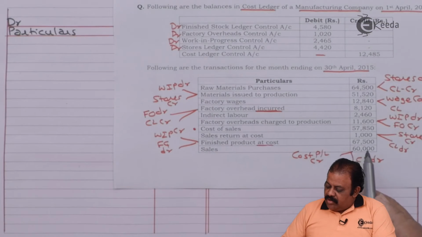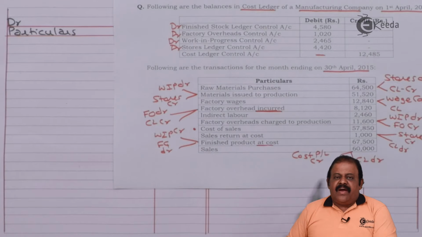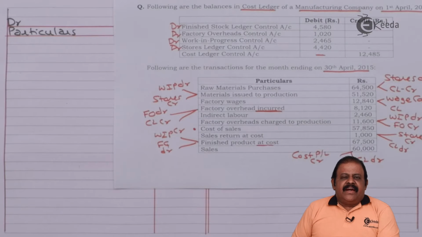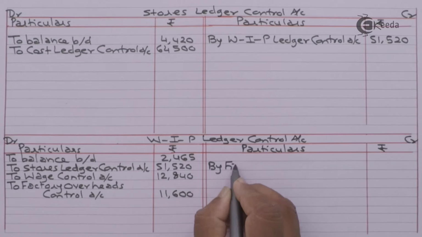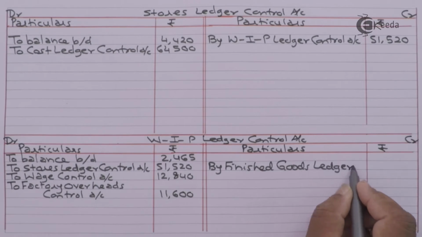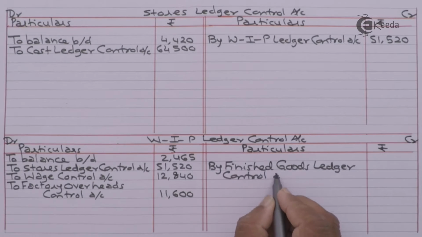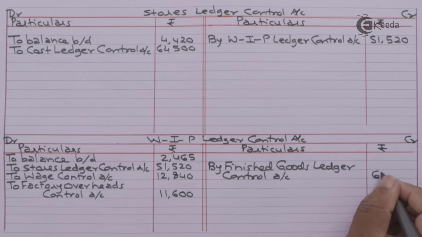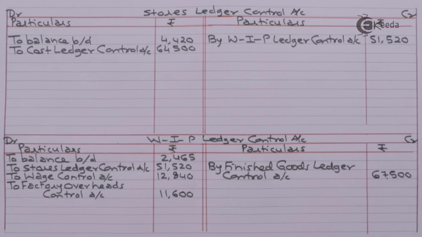Finished product at cost 67,500. This will be credited to work in progress account, by finished goods ledger control account 67,500.